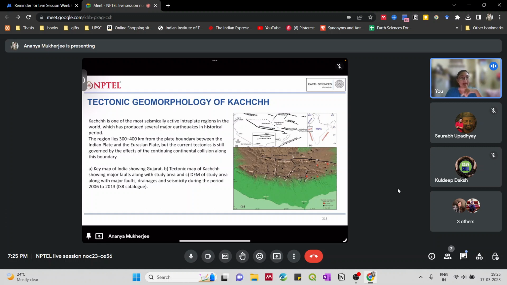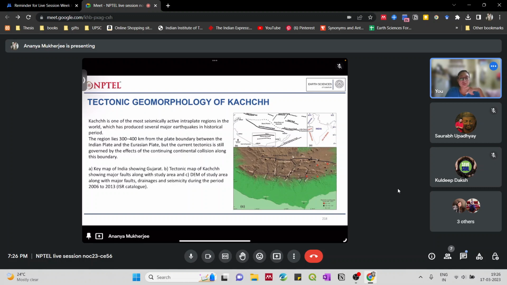So with later studies, they realized there were some faults which they did not know about, and this is in an intraplate region. In an intraplate region you would not generally expect seismic activities, but Kutch is one such intraplate region where this happens.